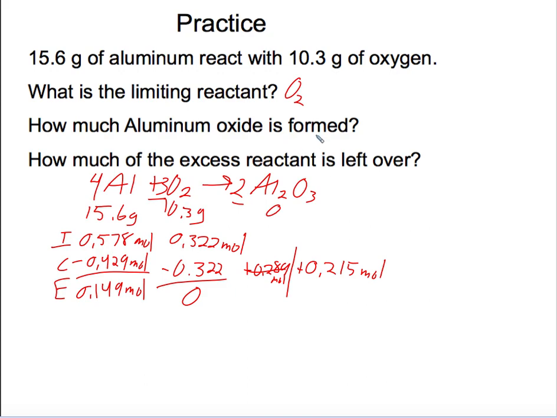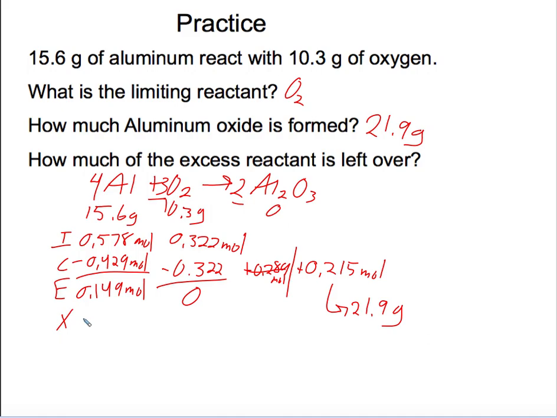So aluminum oxide formed, I have 0.215 moles. Multiply that by the molar mass, and you should get 21.9 grams. So aluminum oxide formed is 21.9 grams, and then excess left over. We have 0.149 moles. Take that times your molar mass, which we said was 26.98.